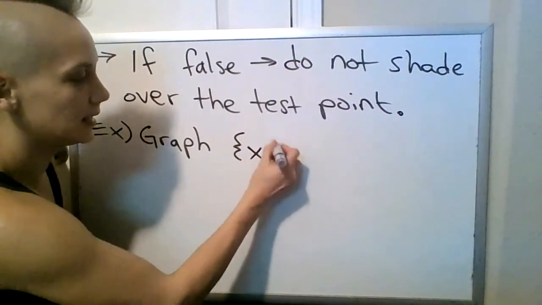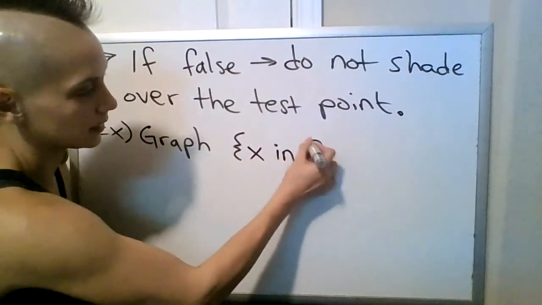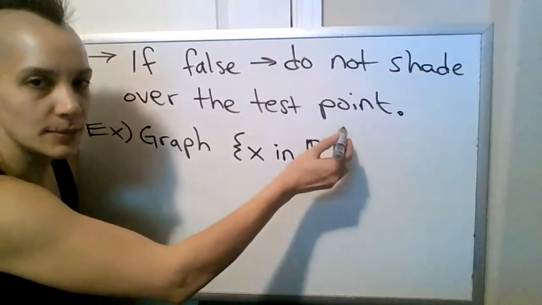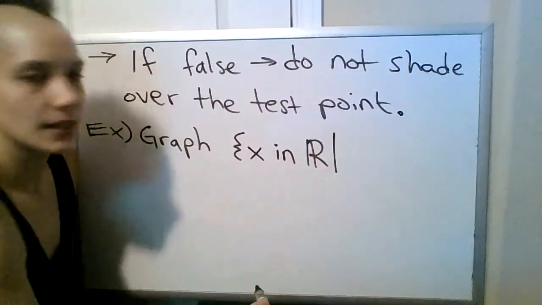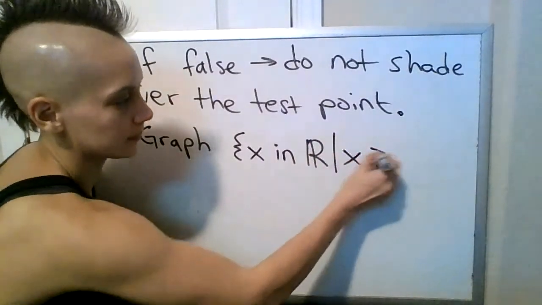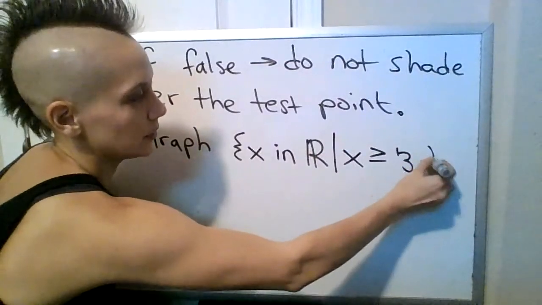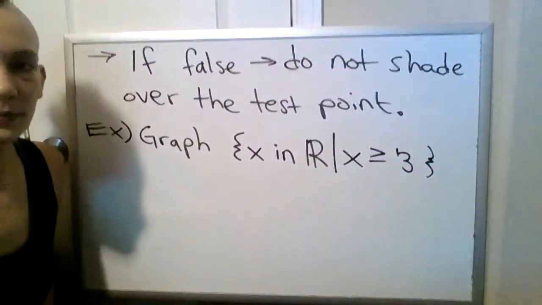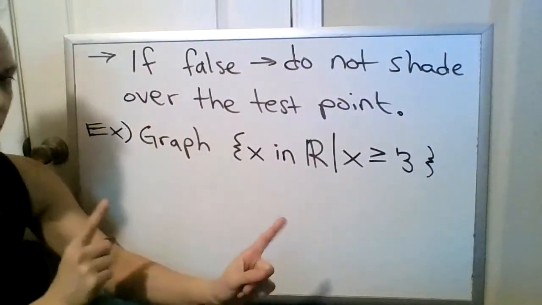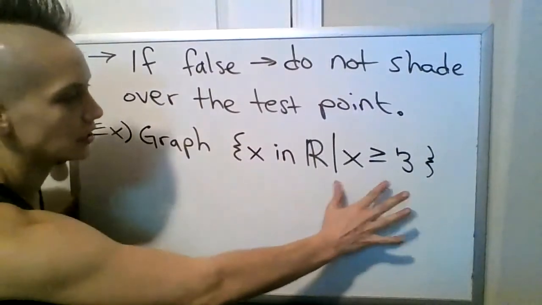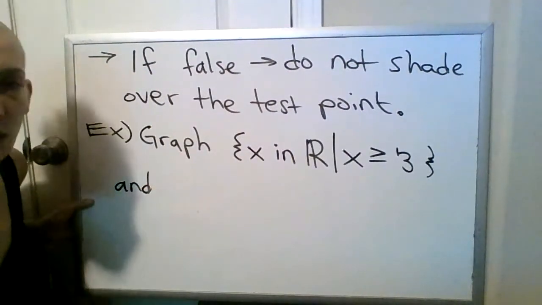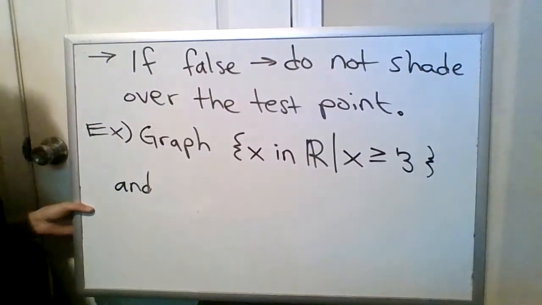So x in real numbers, and this means such that x is greater than or equal to 3, and then close the set. So we're going to start the graph first. And actually, after we do the graph, we are going to write the set in interval notation.